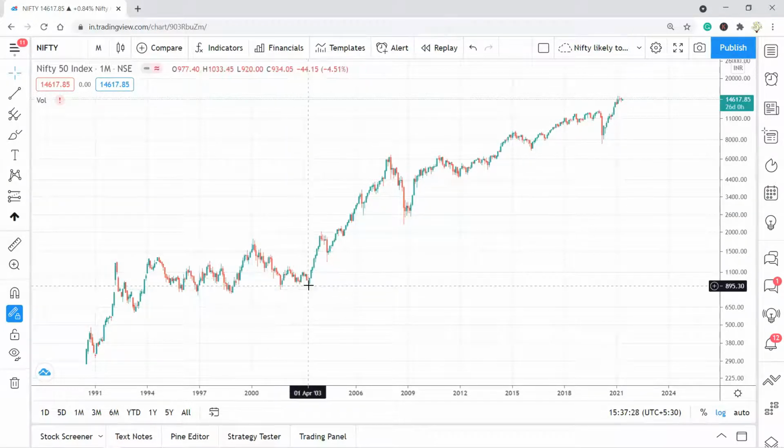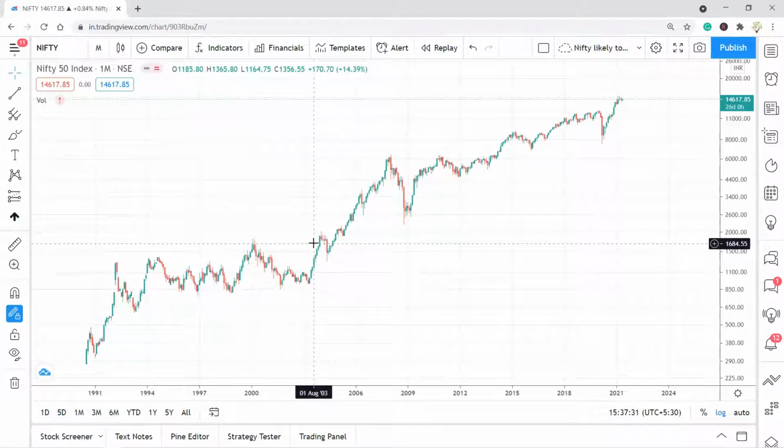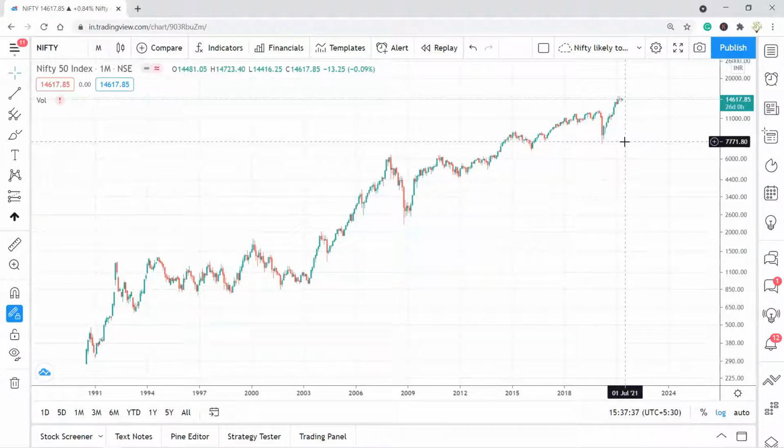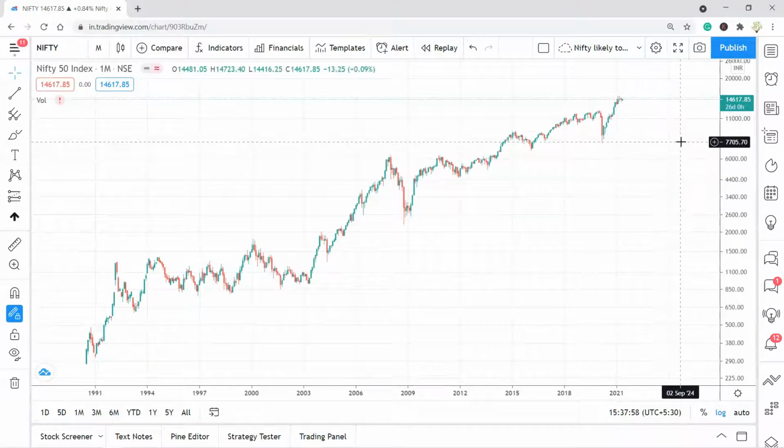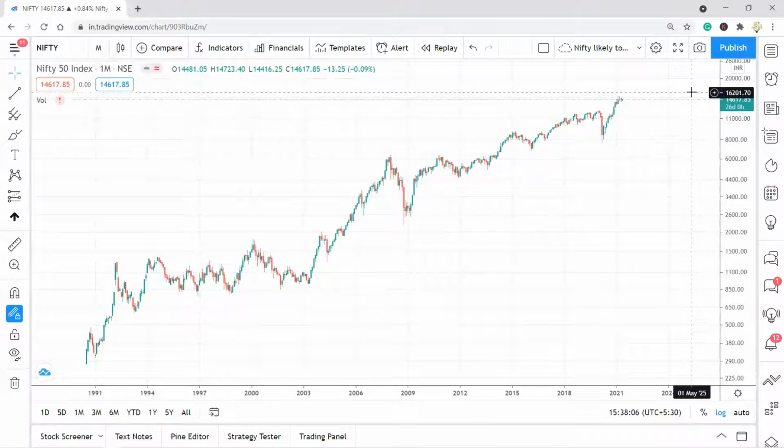Over here, from 900 to 1800, the absolute price change is 900 rupees, but the percent price change is 100%. But in 7,500 to 15,000, the absolute price change is 7,500, but for the logarithmic scale, it is 100% only. So the distance on the y-axis for this 900 to 1800 change will be exactly the same as the distance for the 7,500 to 15,000 move, because both of them are 100% moves.